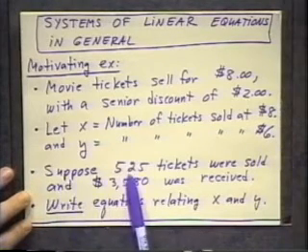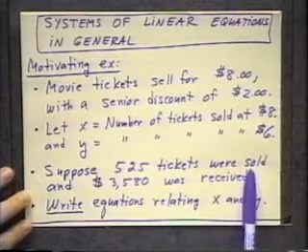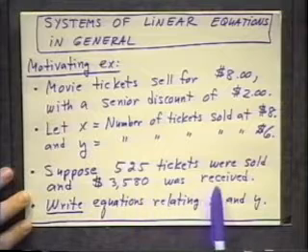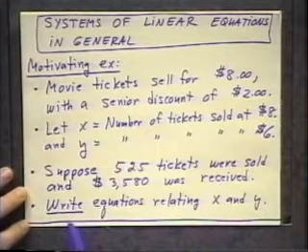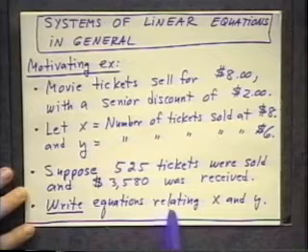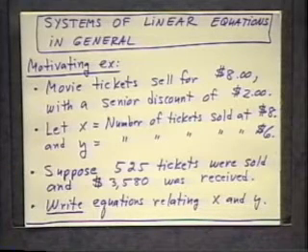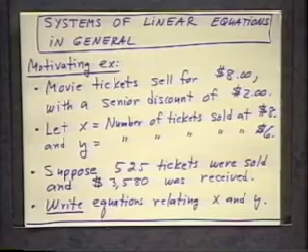And suppose overall that 525 tickets were sold, and that overall $3,580 was received. What I want to do is write equations relating X and Y. And I'll solve those at a later time, but right now I just want to write down the equations. So let's go ahead and do that.